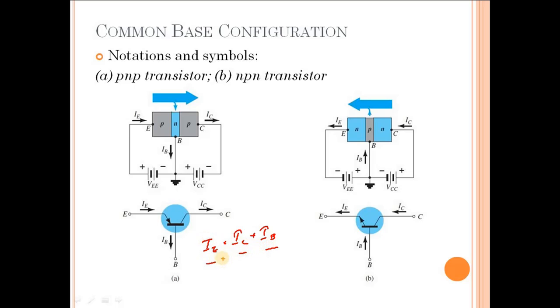So by the same concept, here we are very sure that IE is incoming to the BJT, or you can say, if you treat it as a node, IE is incoming to this node. So if IE is incoming, IC must be outgoing. So we are certain that IC has to be outgoing.